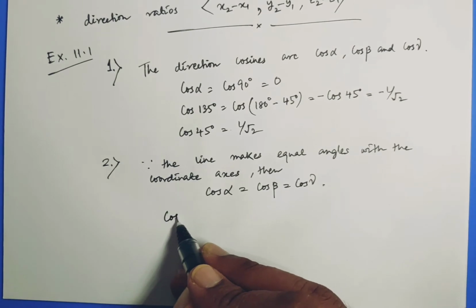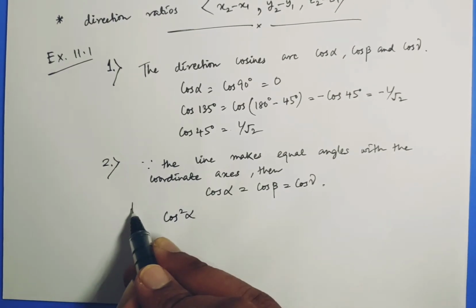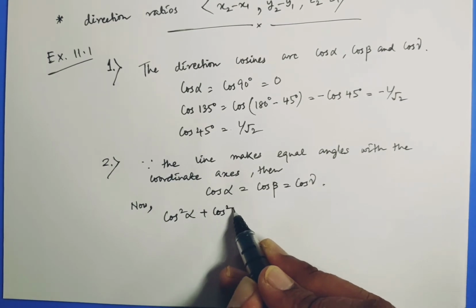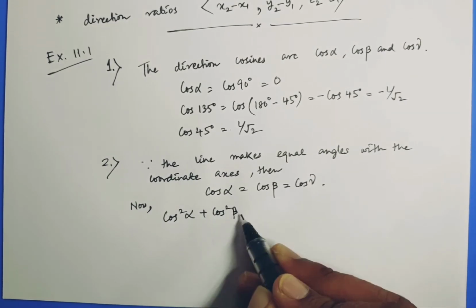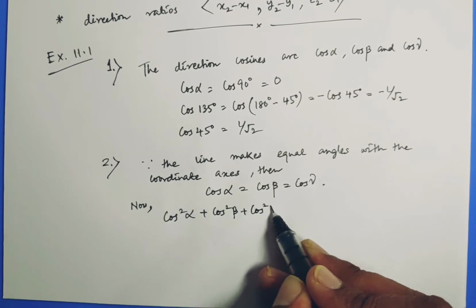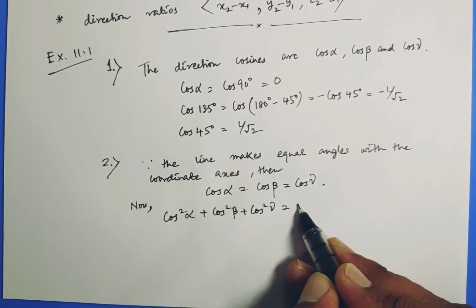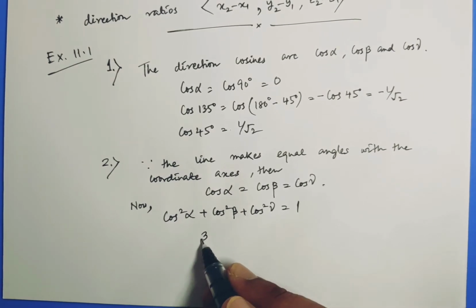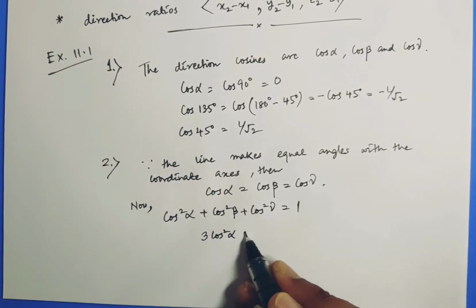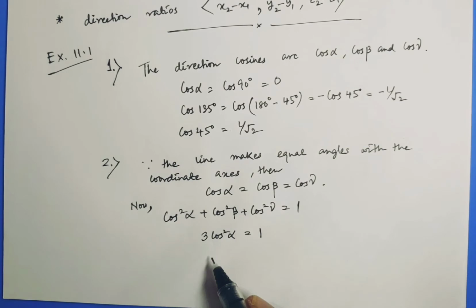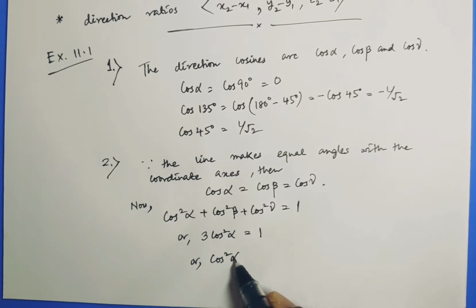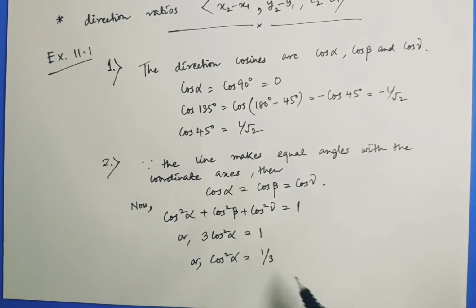What relation we have? So we write now cos square alpha plus cos square beta plus cos square gamma is equal to, we already derived this one, that is equal to 1, right? So now these three are equal. So I can write 3 cos square alpha is equal to 1. Therefore cos square alpha is equal to 1 by 3.